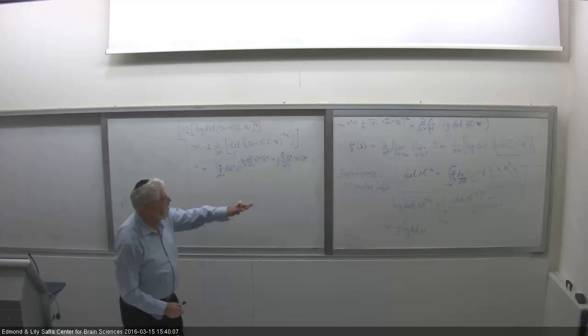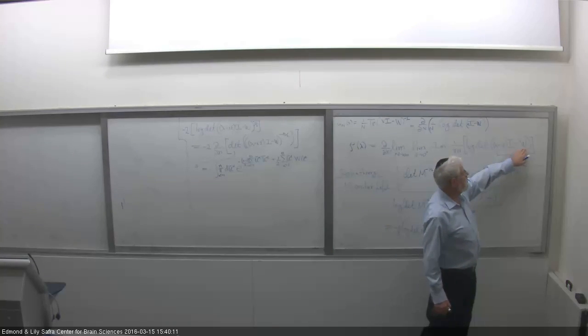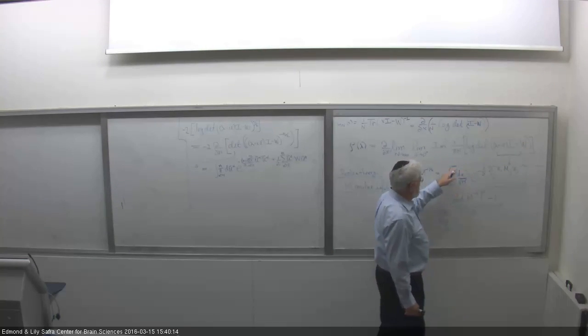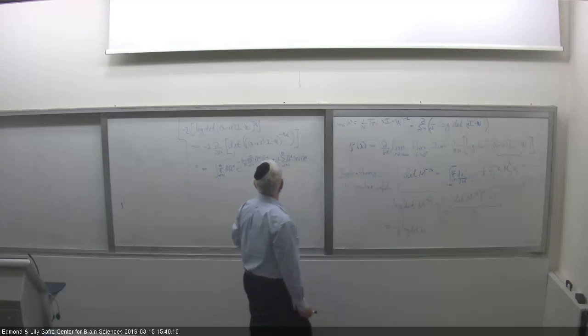I just put n inside, and again, like in the spin glass, W does not replicate. W is the same W; only the statistical variables, only the Gaussian variables u, are replicated.